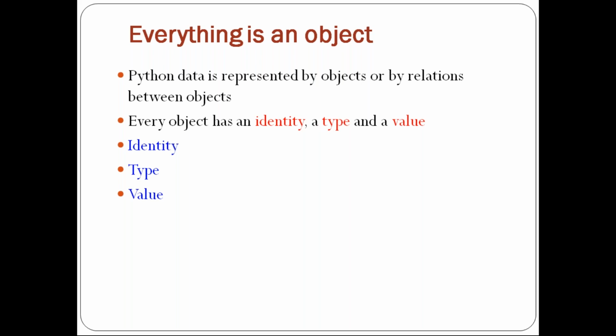So the type of an object decides what kind of operations we can apply over that object, and the value of an object is going to be fixed for integers and can be changed for other types. Let us say you have the variable x, and its type is integer. Integers are immutable.